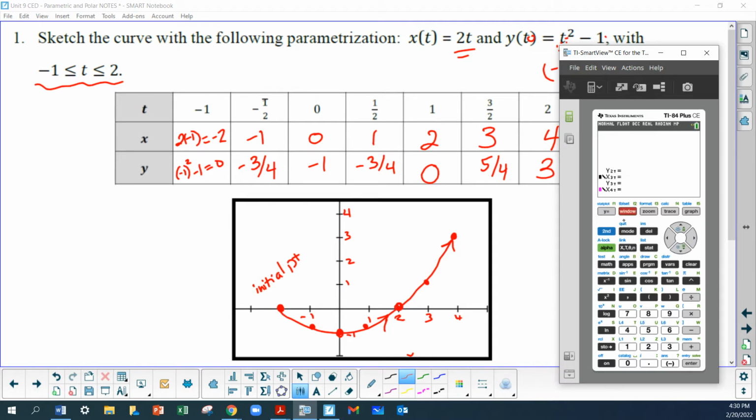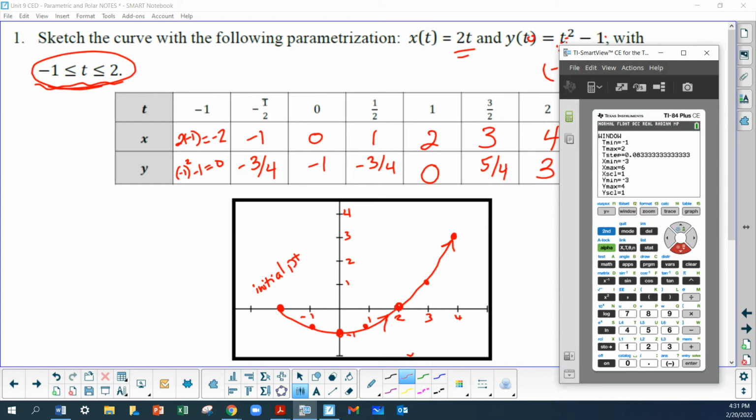Before we graph, I want you to hit window and let's modify this window. So we know we were on a restricted domain for t, and that went from -1 to 2, so I put that in.